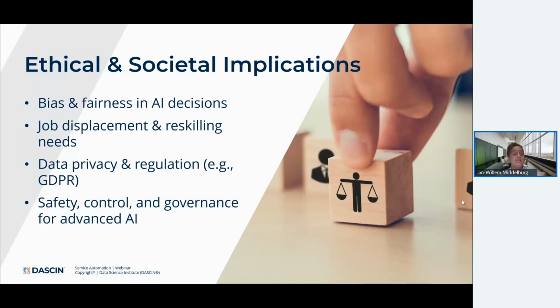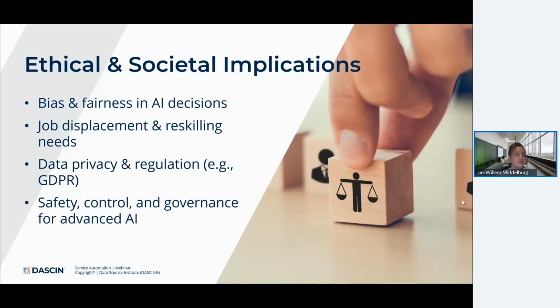Because if you let an agent make decisions, it can also make decisions based on improper or undesirable societal implications.